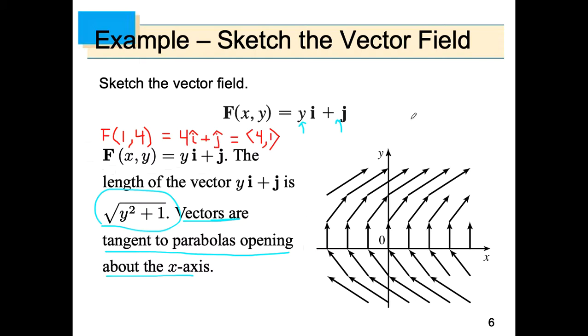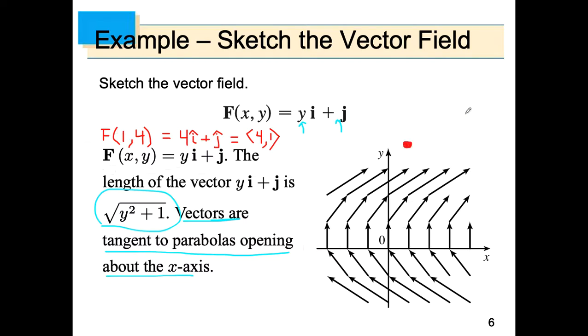So let's go ahead and do the vector at 1, 4. Notice that the y component always comes first. So whatever the y coordinate is of your point, that will always come first and become your i vector here. So in this particular case, let's first start by plotting the point. Remember, we're plotting the point 1, 4.